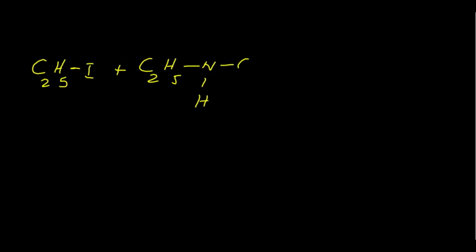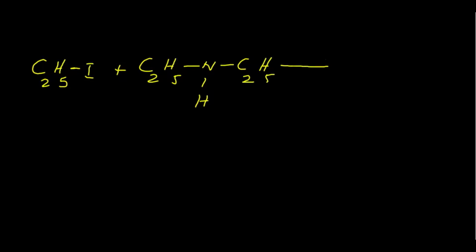In the next step, we have ethyl iodide, C2H5I, and from the second step we have diethylamine, C2H5NHC2H5.